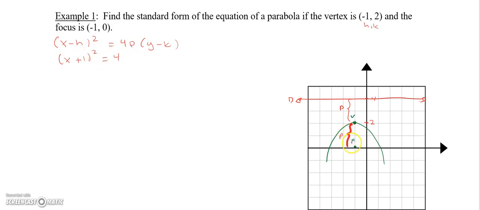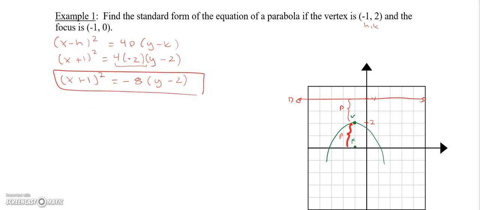Now my p, it's 2 units, so I know my p is going to be 2, but since it's downward, we're going to make p negative. If it were an upward facing parabola, p would be positive. And then it's going to be y minus k, in this case, 2. So now I just need to simplify those. So my standard form equation of my parabola is x plus 1 squared equals negative 8 times y minus 2.